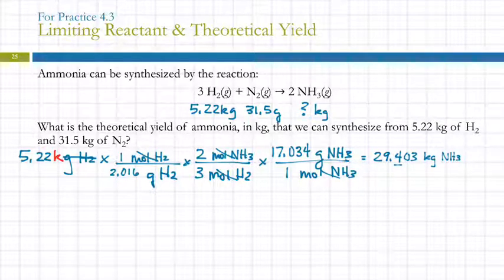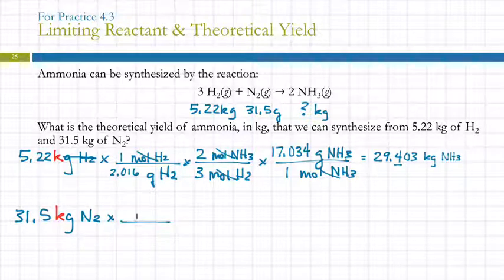Now I'm going to do the same type of calculation using the other reactant. So that other reactant, I've got 31.5 kilograms of nitrogen, N2. Grams to moles to moles to grams.